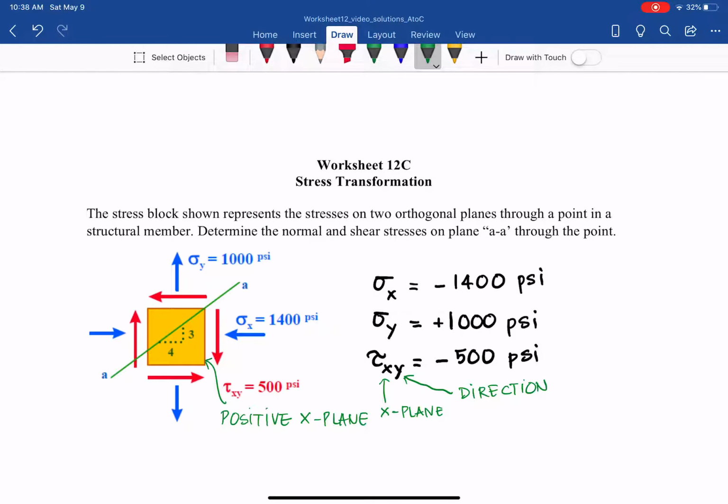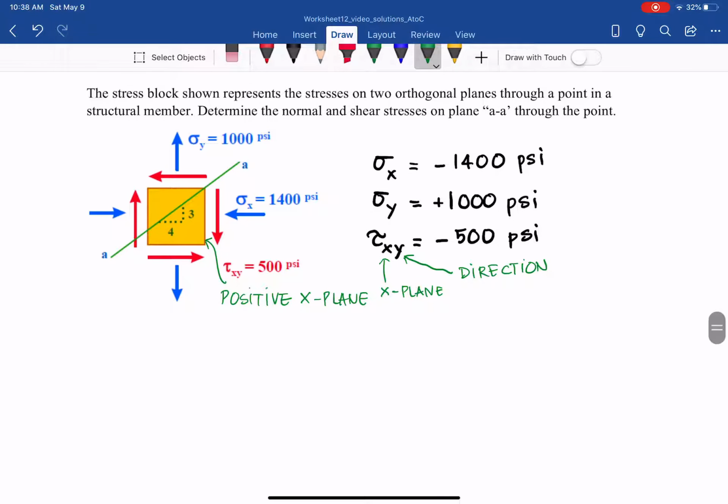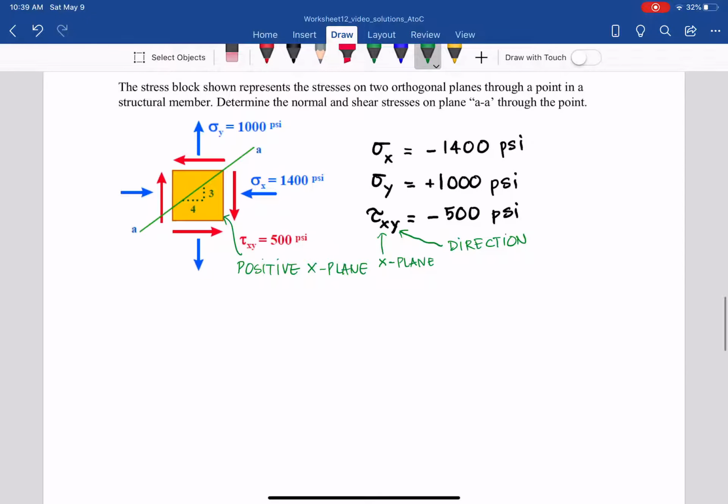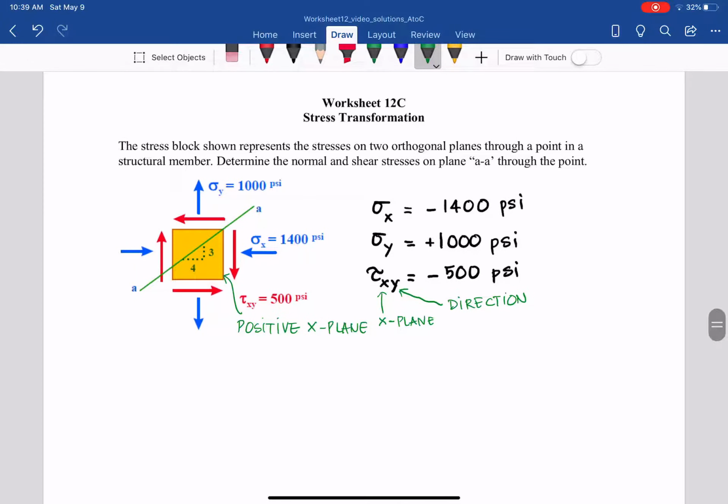Because if it's in 3D, you have a z direction, then you have tau xy and tau xz. If you say tau x, it is only like sigma x, but tau x is in which direction? It is on that plane, yes, but it can be in y or z, so we need two subscripts to define the tau. Why only one subscript to define the normal stress? Because if it is sigma x on the x direction, perpendicular to that positive x plane, then it already completely defines that normal stress.